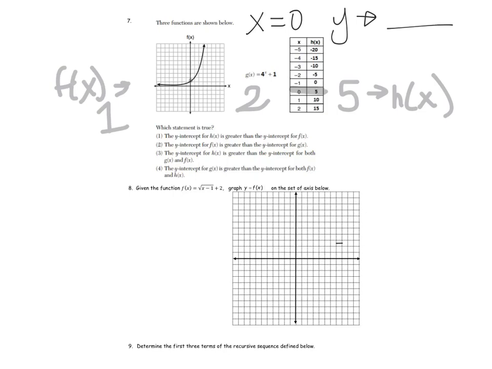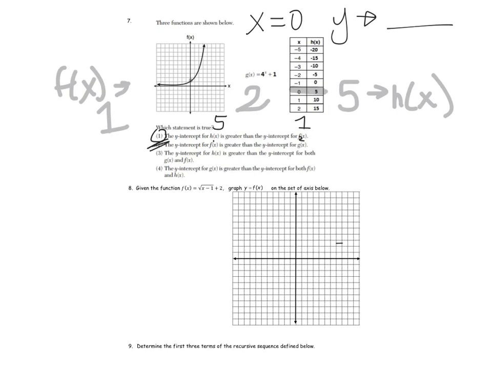The y-intercept for h of x is greater than, so h of x, we have 5. Is 5 greater than f of x? Yeah, that works. The y-intercept for f of x, 1, is greater than the y-intercept for g of x, 2. Is 1 greater than 2?